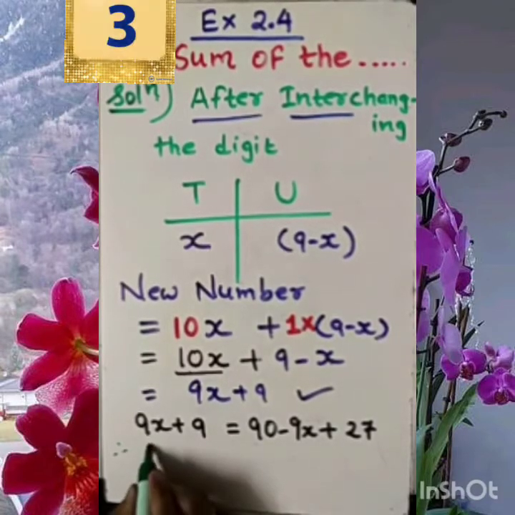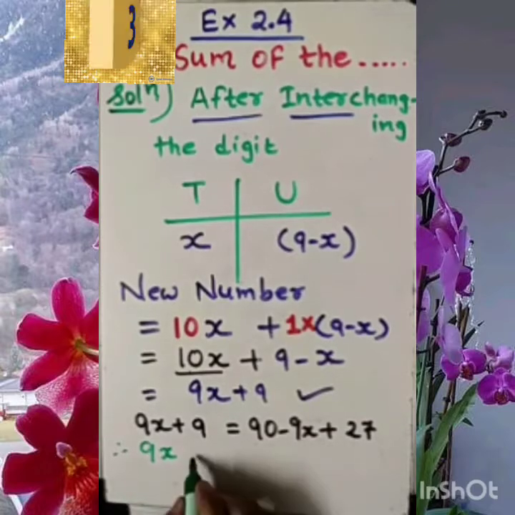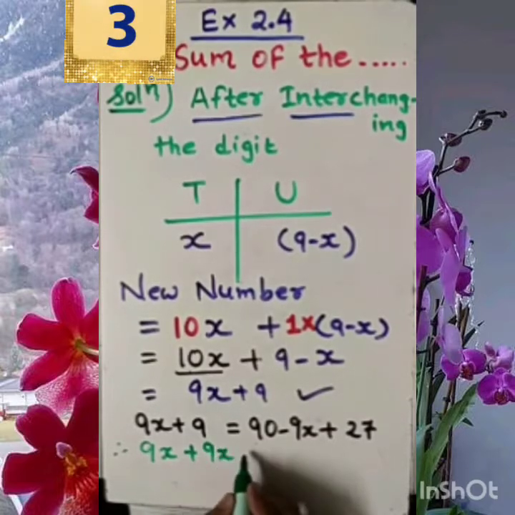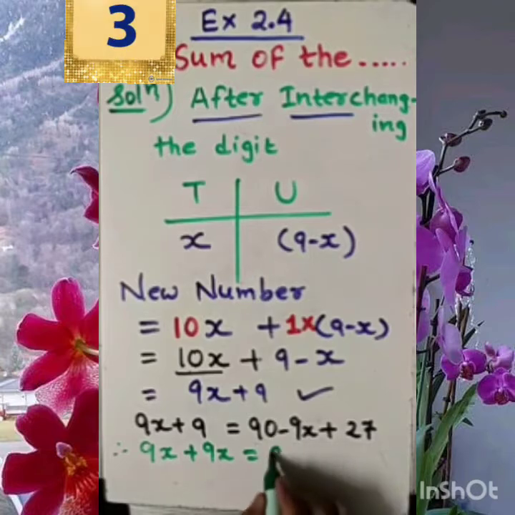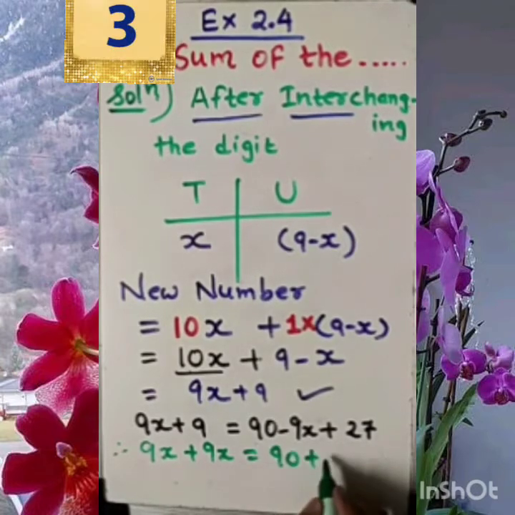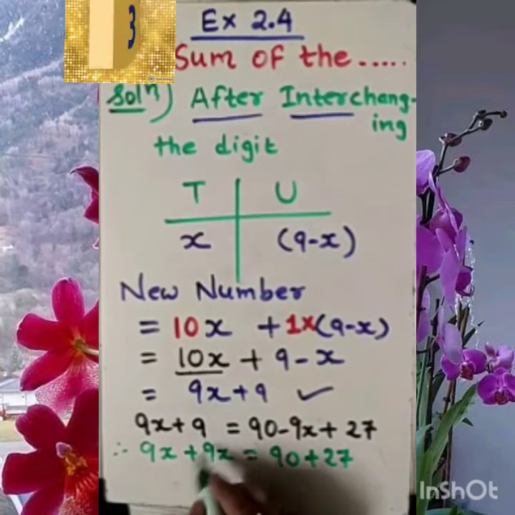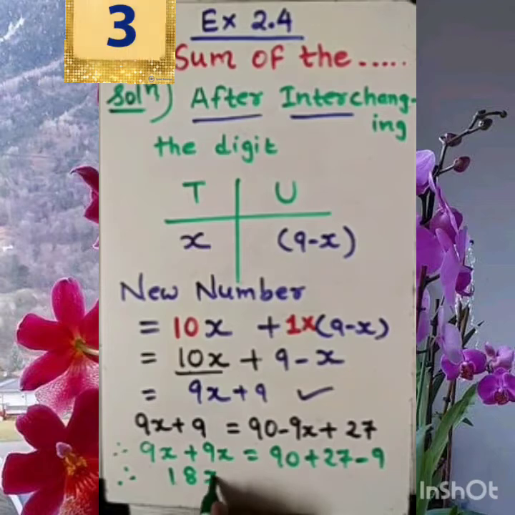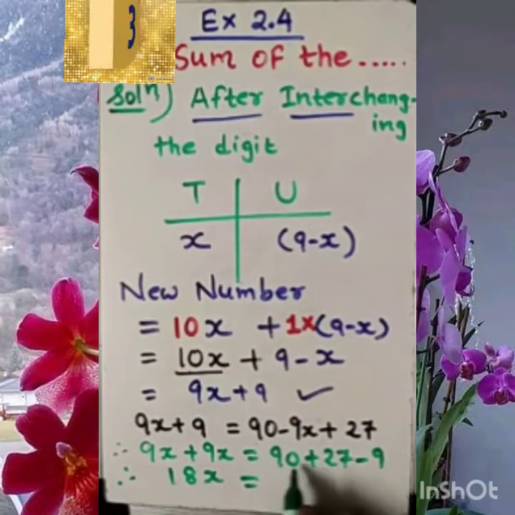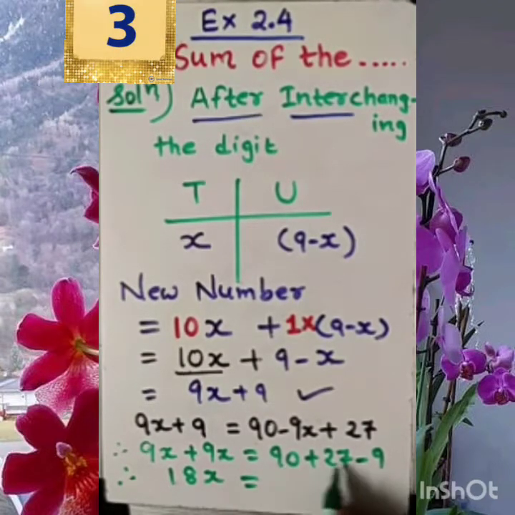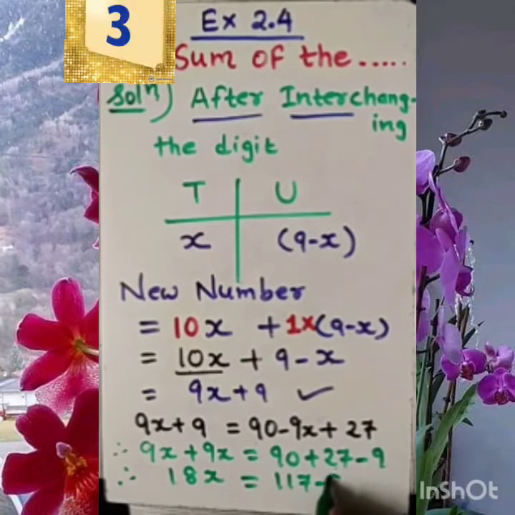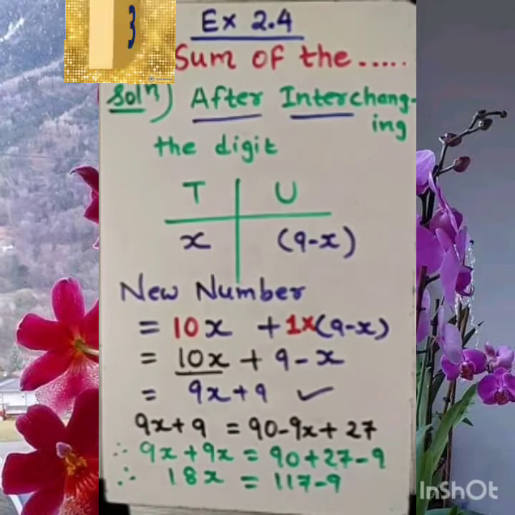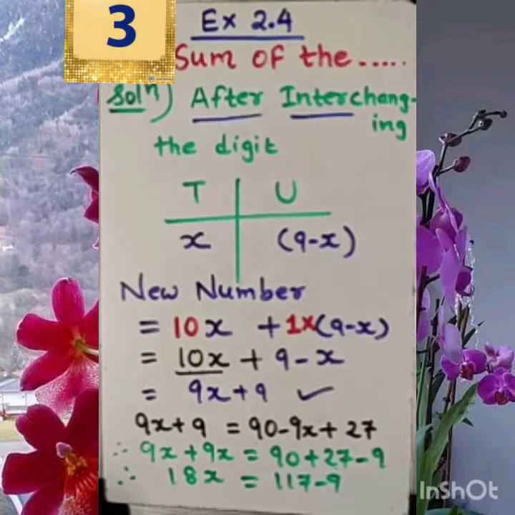Let's simplify. This 9x I am bringing to this side, so plus 9x. This 90 is here, this 27 is positive, and this plus 9 I am bringing to this side, so minus 9. Now 9x plus 9x is 18x. Subtracting 9 from 117 gives 108.